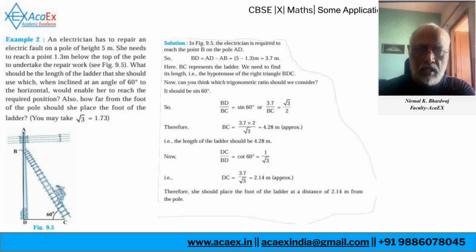Solving for BC, the length of the ladder is (3.7 times 2) divided by the square root of 3, which is approximately 4.28 meters. To find the distance from the pole, the adjacent side, we use the cotangent ratio. Cotangent of 60 degrees equals adjacent over opposite equals DC over 3.7. Solving for DC, the distance is 3.7 divided by the square root of 3, which is approximately 2.14 meters.